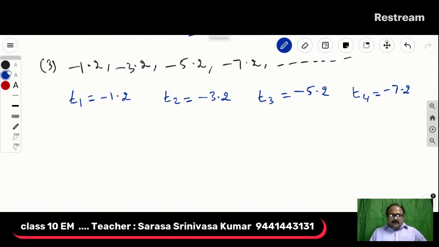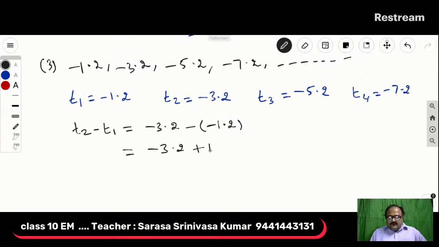Now we calculate T2 minus T1. This is equal to minus 3.2 minus of minus 1.2. This is equal to minus 3.2 plus 1.2.